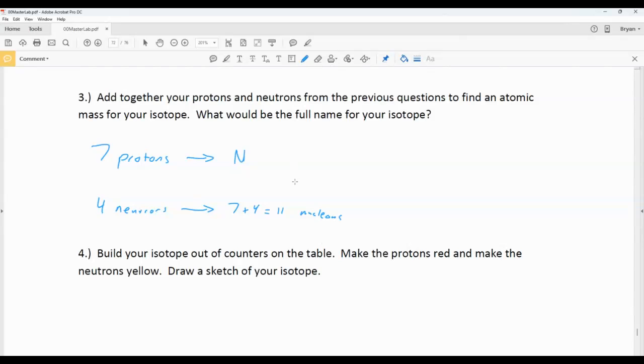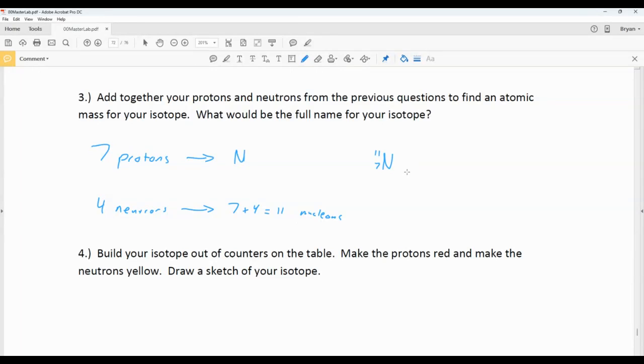Putting this number together, we can name our full isotope. If you've had chemistry before, but you've never learned about radioactive materials, you're probably familiar with the atomic symbol like this, where it's just N for nitrogen. But if you have charges, like if you're dealing with ions and you get a plus something or a minus something here, we're dealing with isotopes, so we're messing with the stuff inside the nucleus instead of the electrons around the outside. So when we put this information together, we would have nitrogen with 11 nucleons and 7 protons.